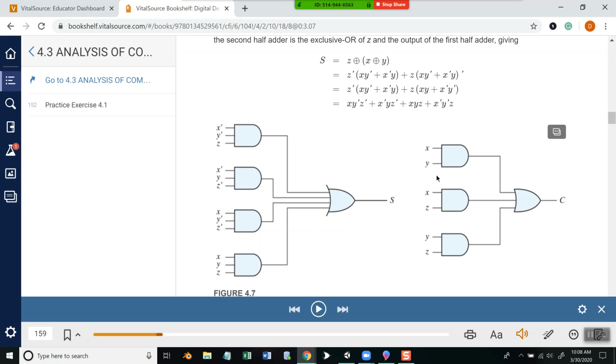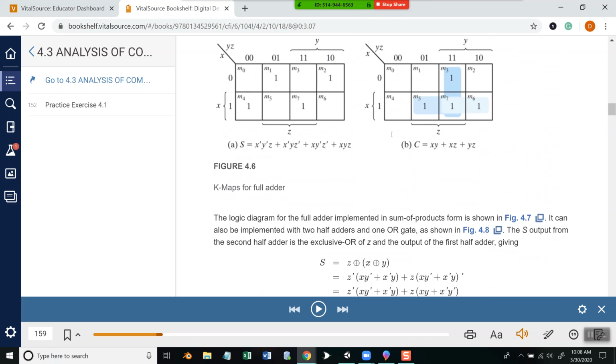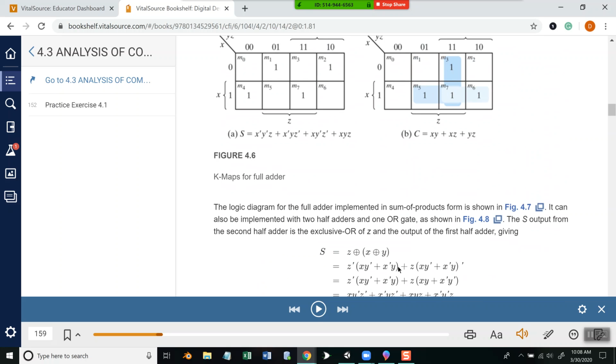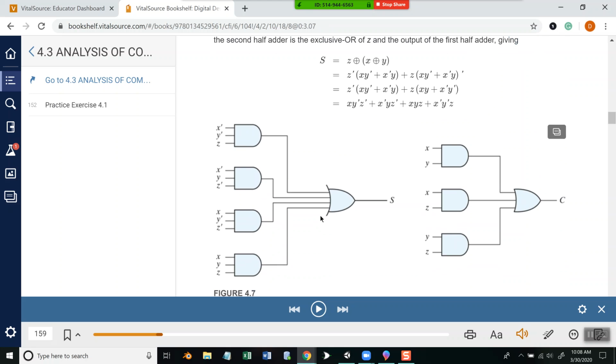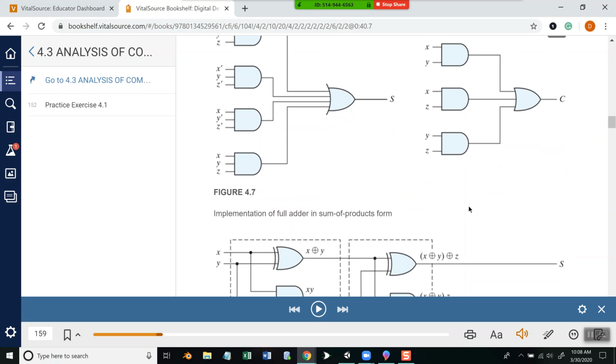There's our S. There's our C, and that's based upon these right up here. So they're showing it here, but they're implementing it with the circuits here with our 4 AND gates and the OR gate. Now that looks weird because that's the line that goes beyond, but that's still just an OR gate. And then 3 ANDs here and an OR gate for the carry.